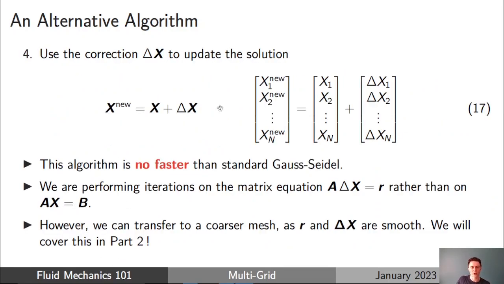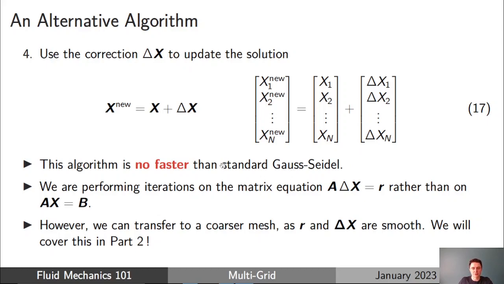And of course, once we've solved the correction equation for delta x, we can then just add that to the solution x, and that gives us x new. So we've arrived at the same place, we've calculated x new, but instead of just doing 50 or 60 iterations with Gauss-Seidel, we've done 10 iterations, we've stopped, and then we've moved to the correction equation, solved that instead, and then corrected the solution vector x.